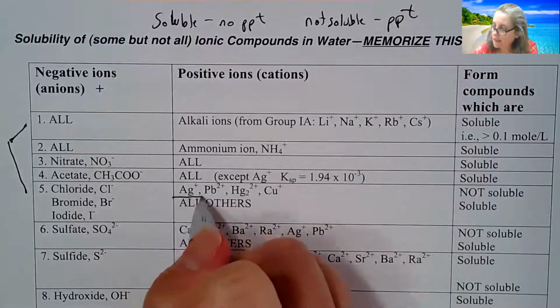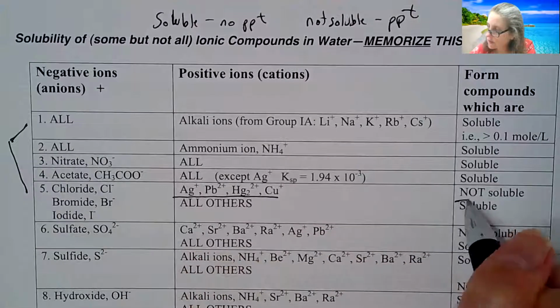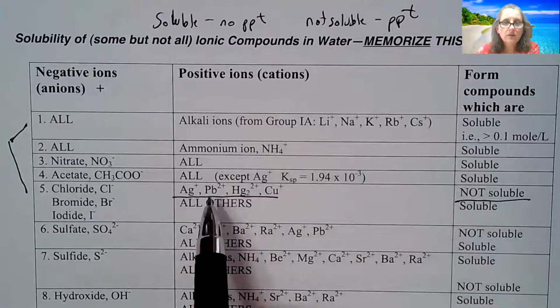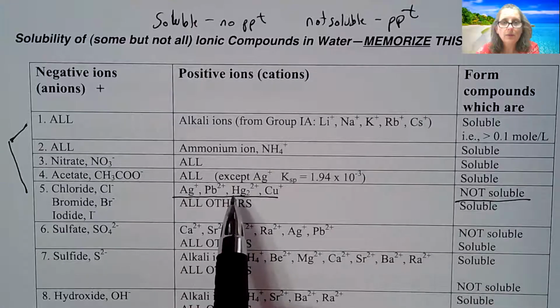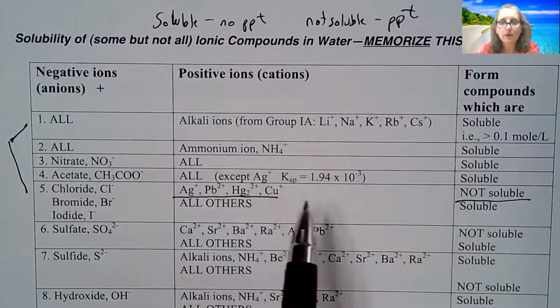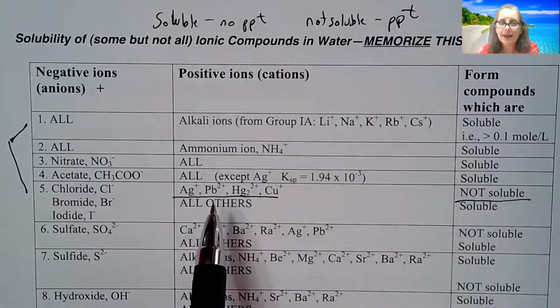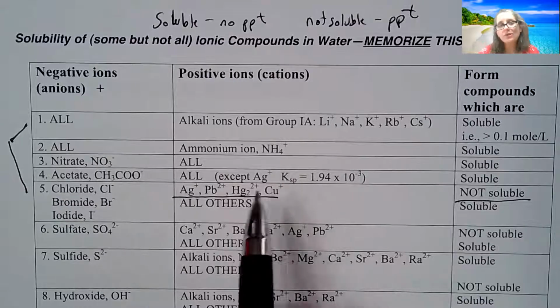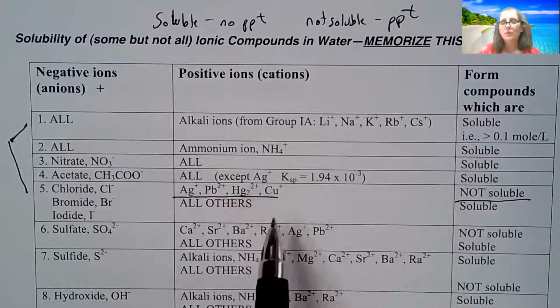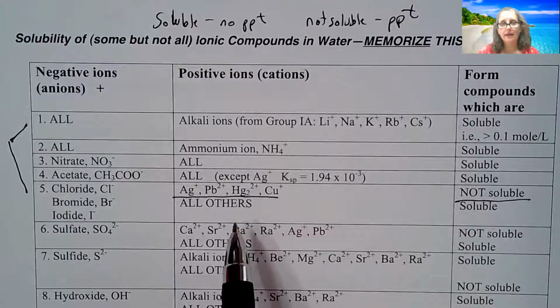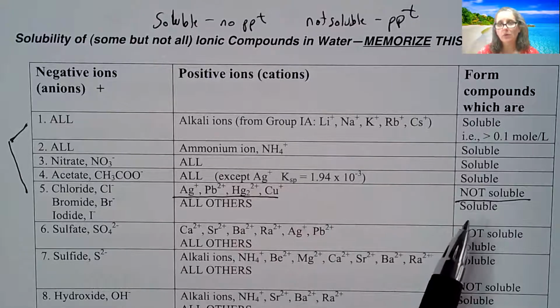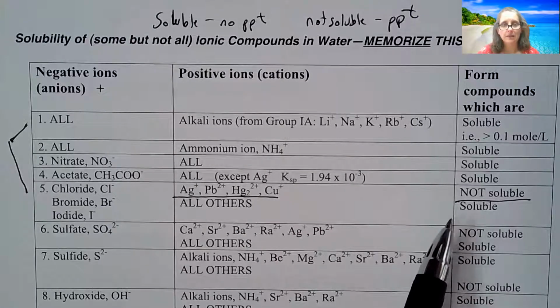Keep in mind that as you go across, the silver, lead 2, mercury 1, and copper 1 are going to make a precipitate. But anything else attached, say copper 2 or even lead 4, or any other cation, will be soluble. It will be an aqueous system.